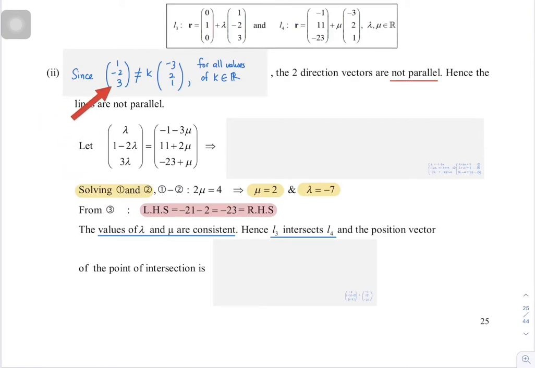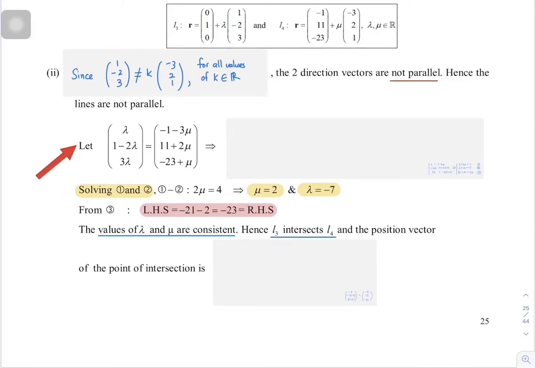Since one direction vector cannot be written as a scalar multiple of the other for any real value of k, the two direction vectors are not parallel. Hence, the two lines are not parallel. If they are not parallel, then we need to check whether they are intersecting or skew.